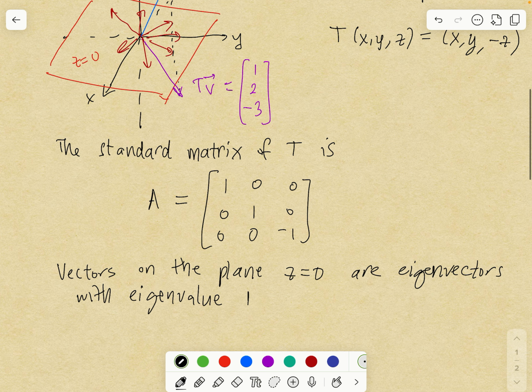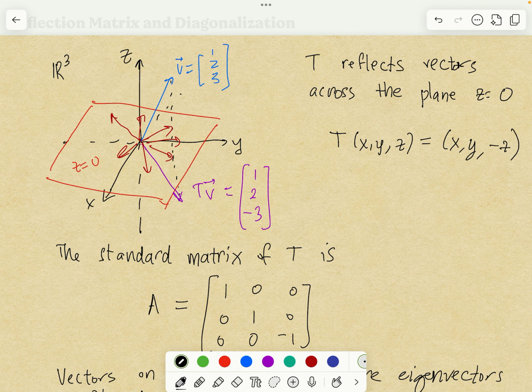Okay, but there's another type of eigenvector. What other eigenvectors are there? This is a bit hidden. It's all the vectors on the z-axis.